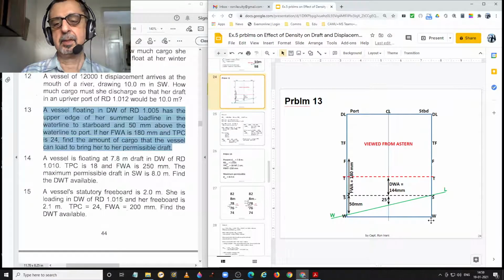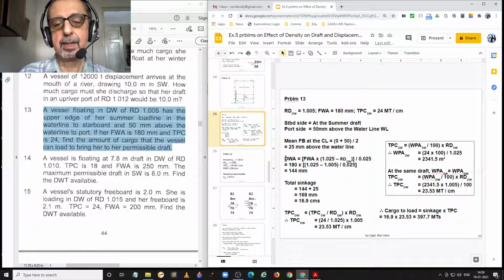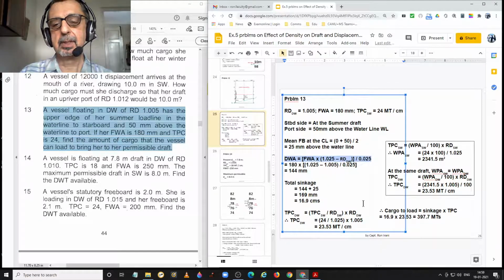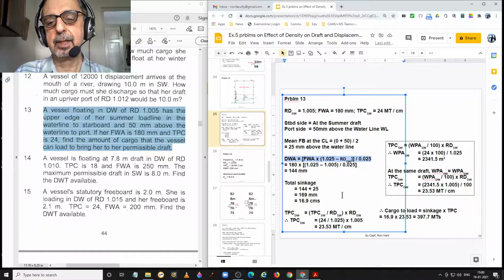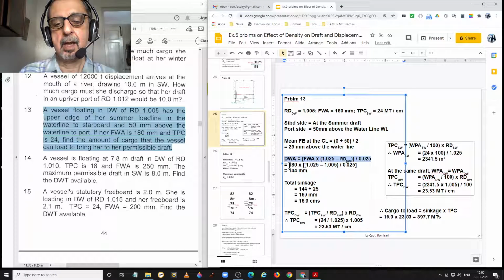So, we have to now calculate dock water allowance equal to freshwater allowance multiplied by the difference of two relative densities divided by 0.025. When we substitute the values, we have that equal to 144 millimeters.